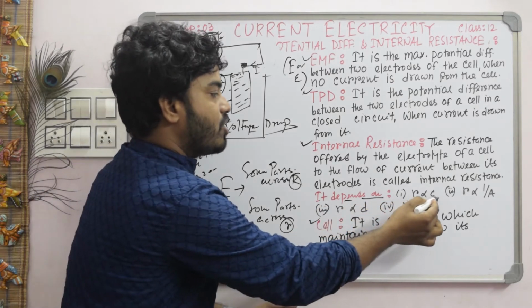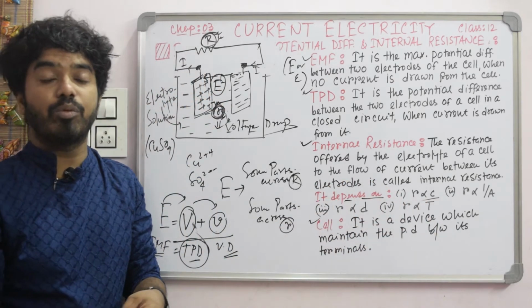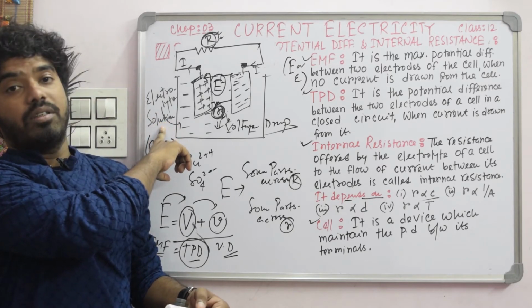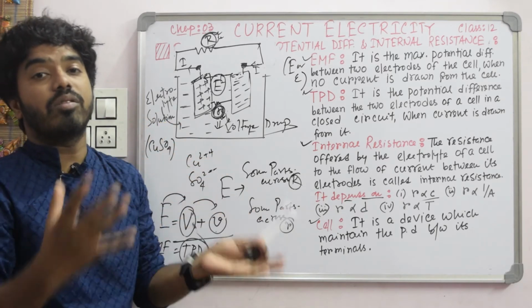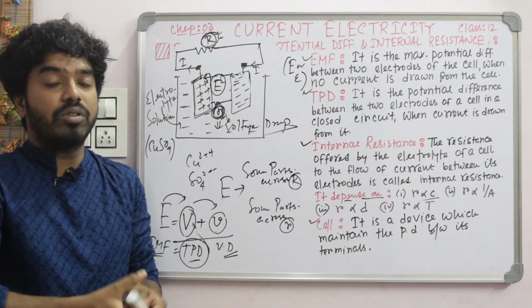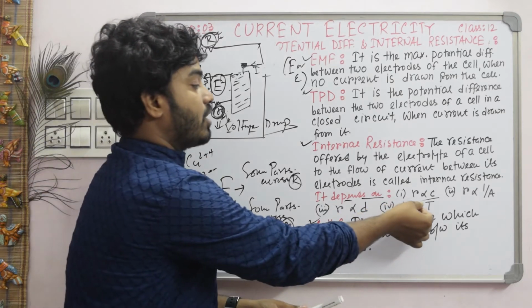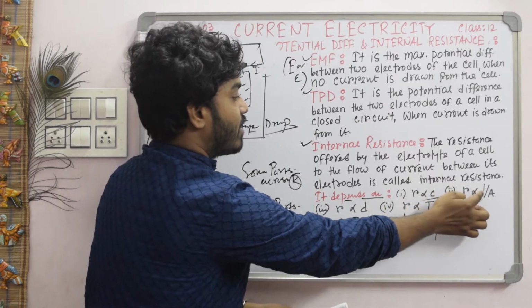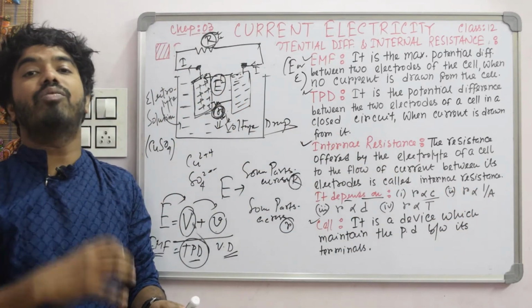Point 1, internal resistance is directly proportional to the concentration of the electrolyte. Different electrolytes have different concentration. More concentration means the internal resistance becomes more. Second, internal resistance is inversely proportional to the area of the plate.